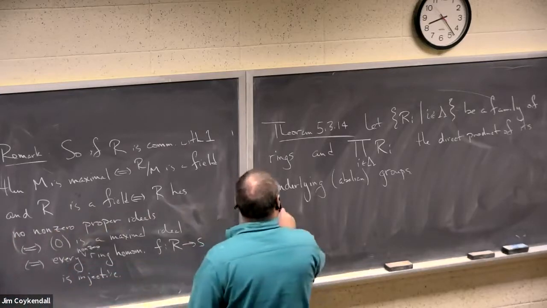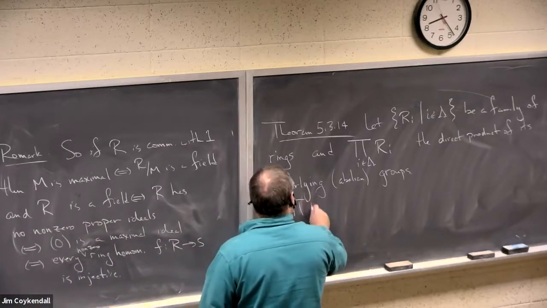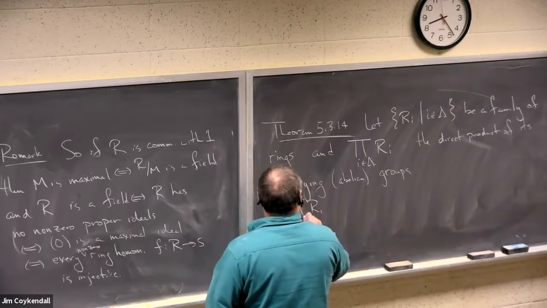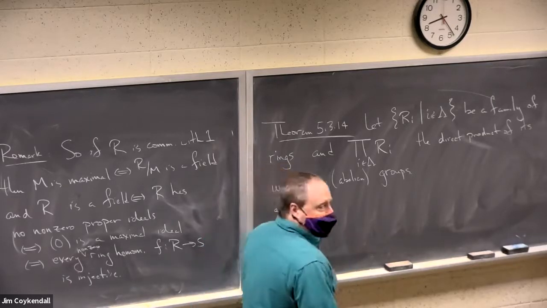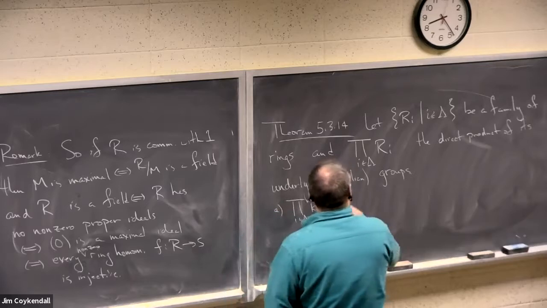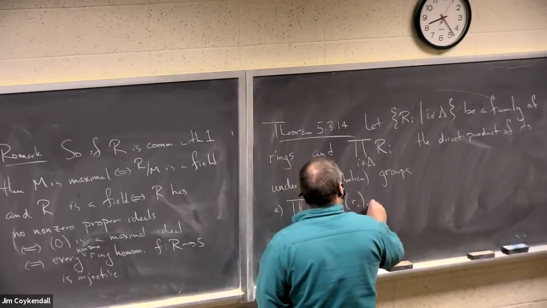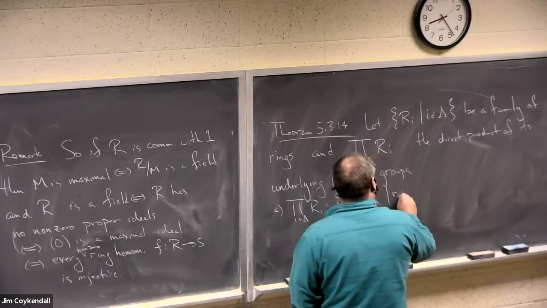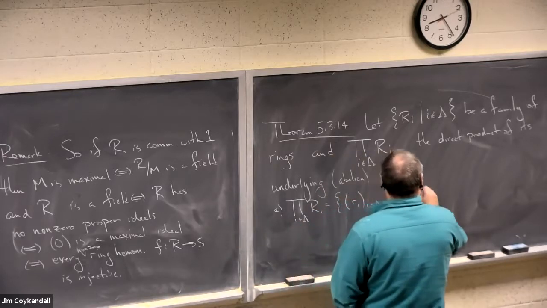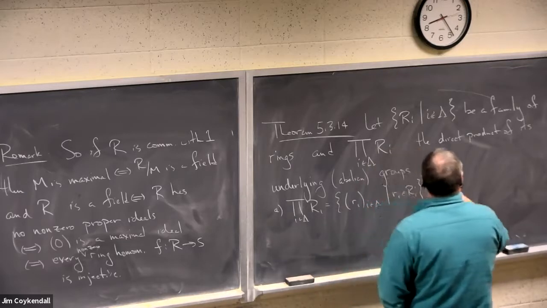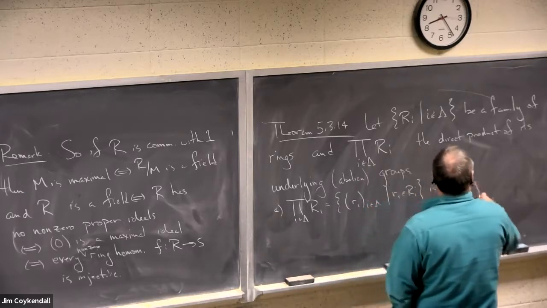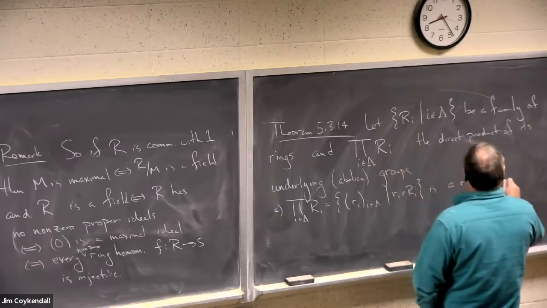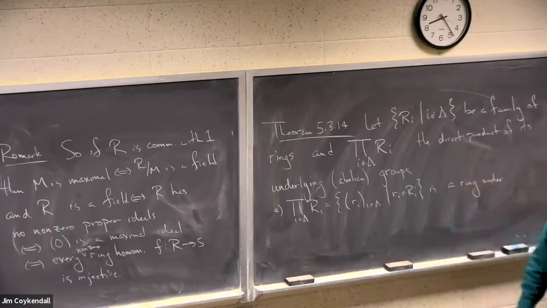Theorem. A: this direct product of abelian groups is a ring under pointwise multiplication.